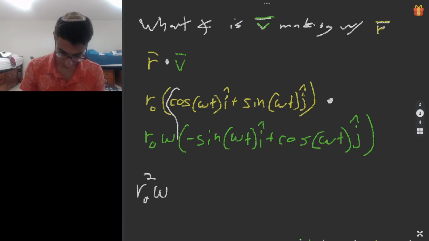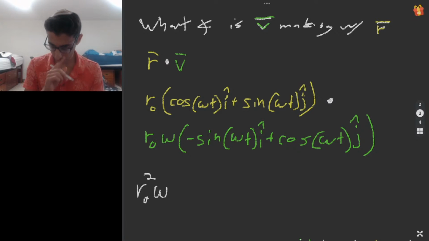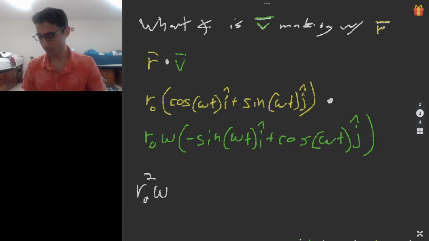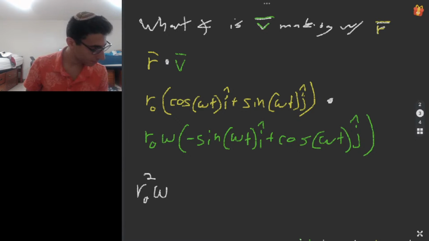This term and this term are vectors, because they have the I hat. And so when you're doing multiplication like this, these need to be a dot product. The dot product will involve cosine of theta. So what is theta between I hat and I hat? Well, theta is 0 because they're the same vector.